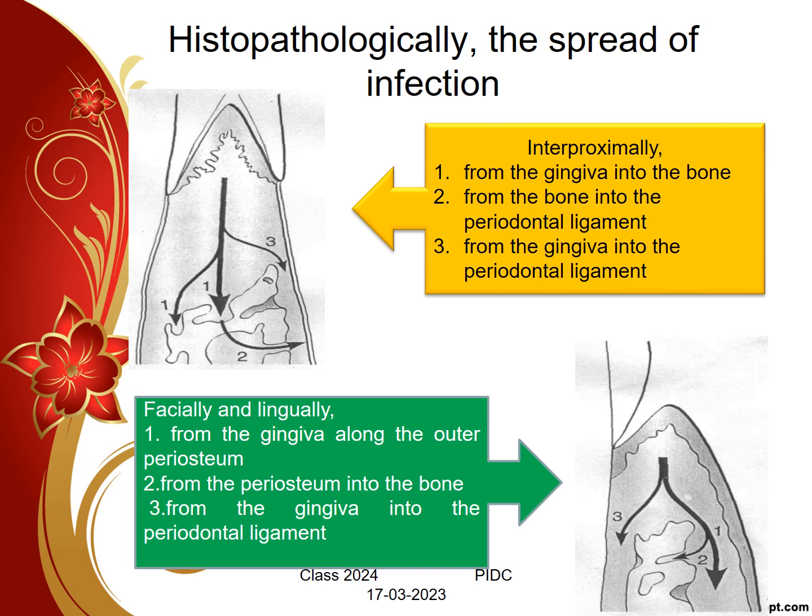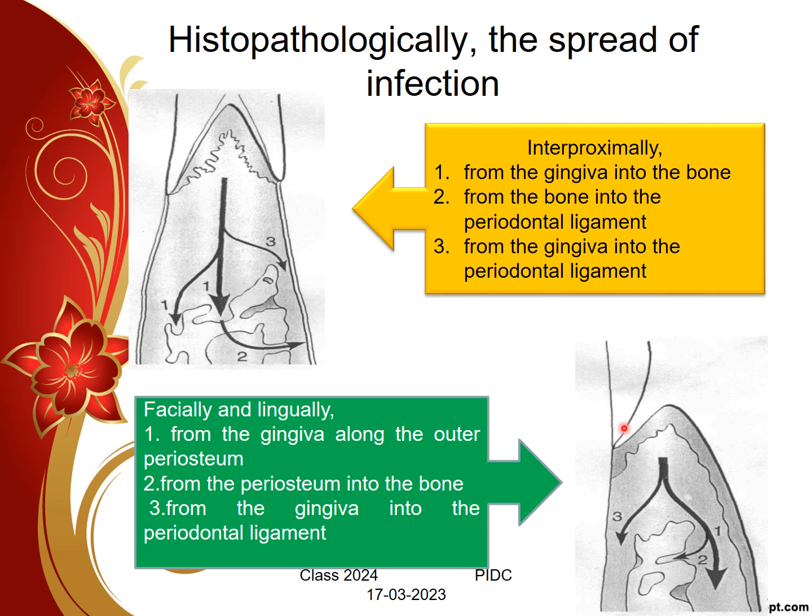So histologically, how the spread of the infection is, you would see that if plaque is present interdentally, so you can see that this is in the interdental area, there are two teeth here, and if plaque is present interdentally, then the infection spread would be from the gingiva to the bone, or from the bone to the periodontal ligament, or from the gingiva to the periodontal ligament.